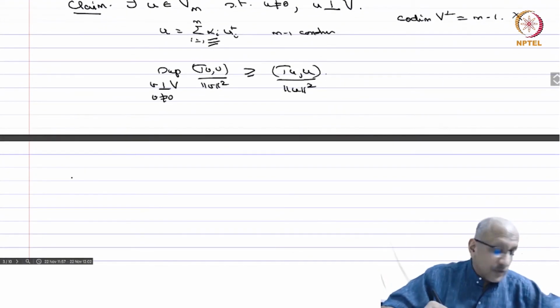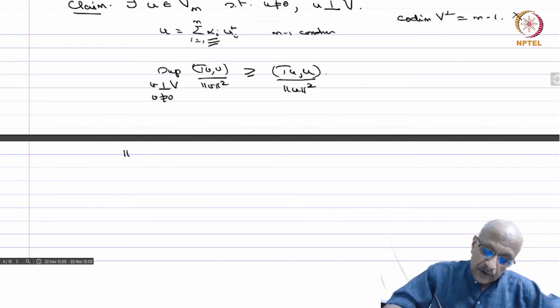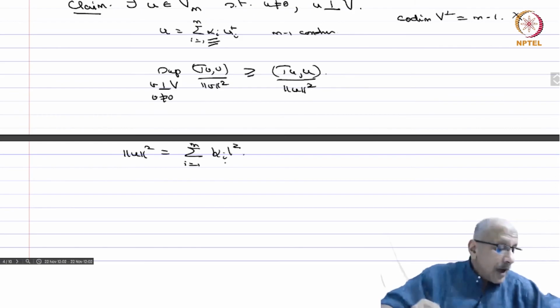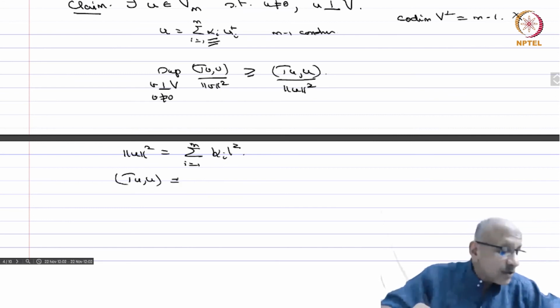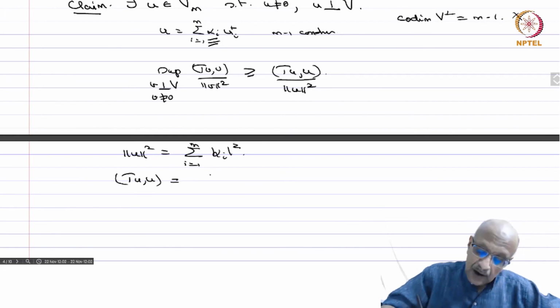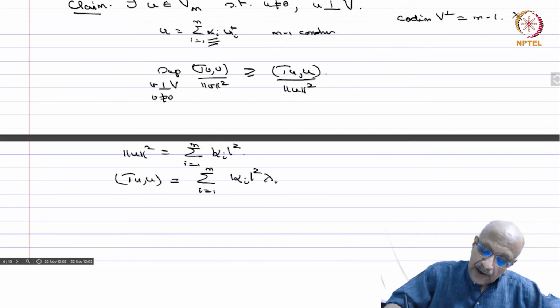So u is the sum of alpha i u i plus, and therefore norm u square is sigma i equals 1 to m mod alpha i square. And T u u is nothing but, similar to the calculation we have already done, sigma i equals 1 to m mod alpha i square lambda i plus.